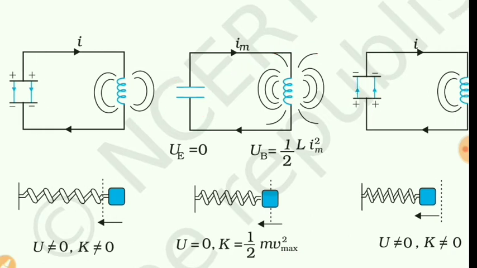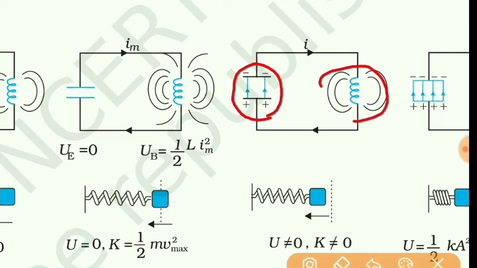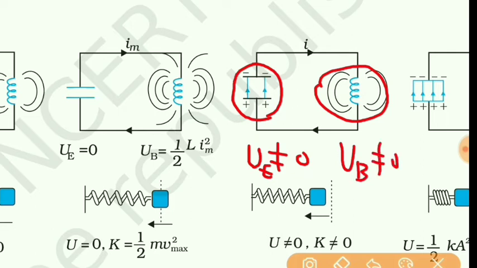So this is the difference. So once again, as the capacitor has some charge and still there is a current flowing in an inductor, the energy associated with the capacitor in the form of electric field is non-zero, as well as magnetic energy stored in the inductor is also non-zero.